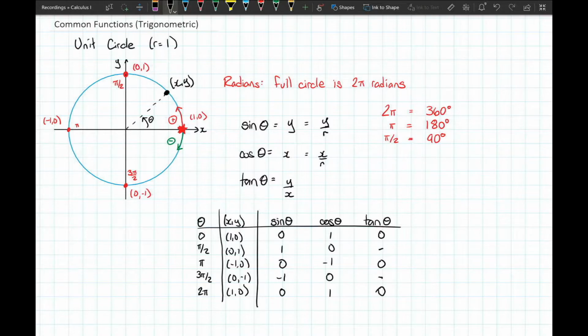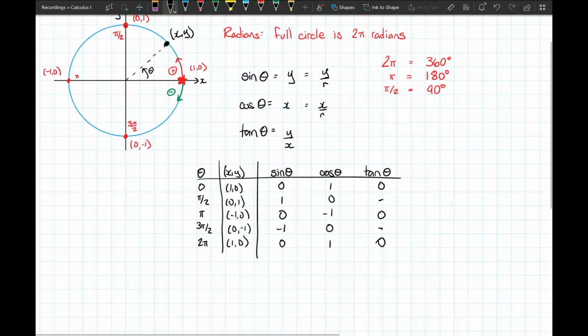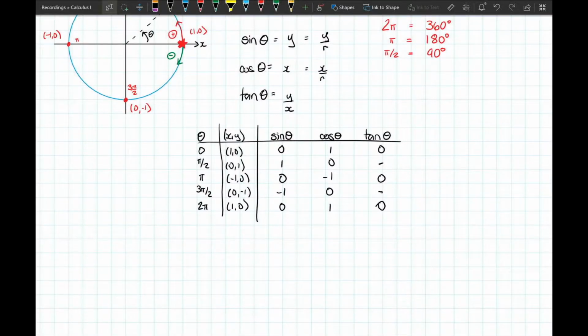Now there are 3 other trigonometric functions that we will be using, and these trigonometric functions are reciprocals.